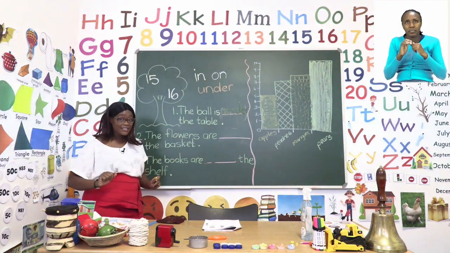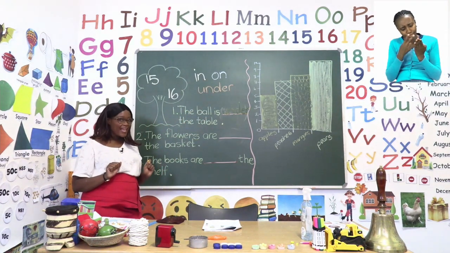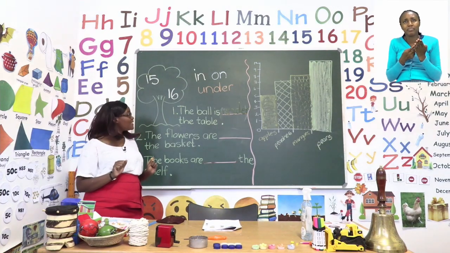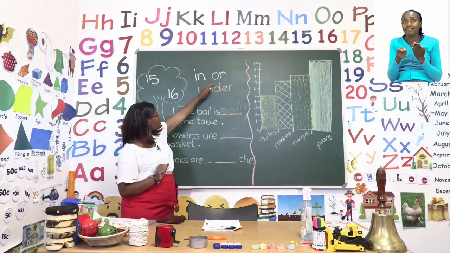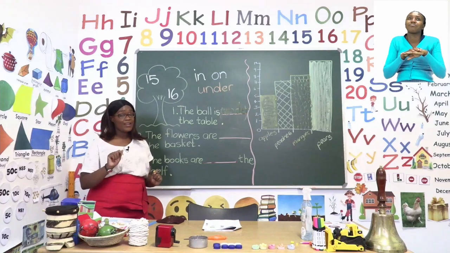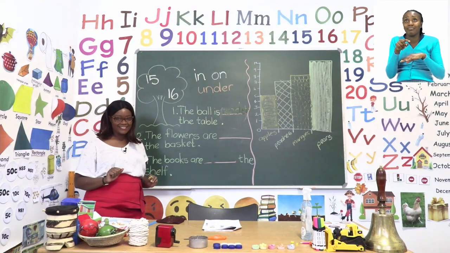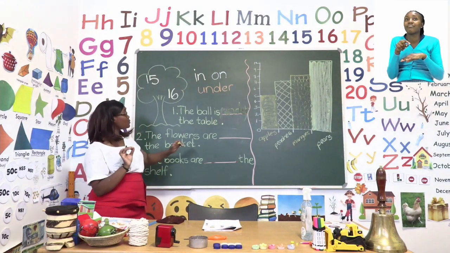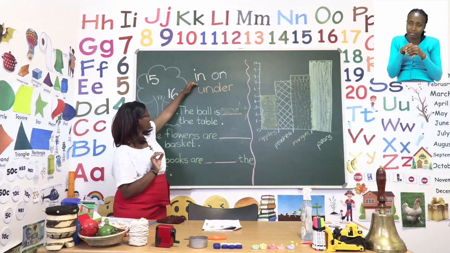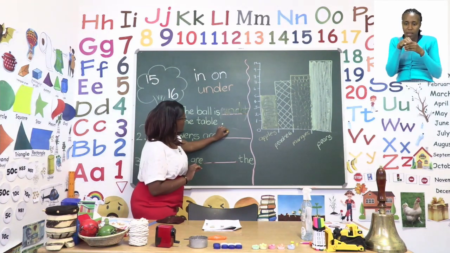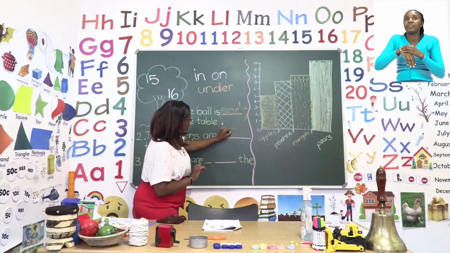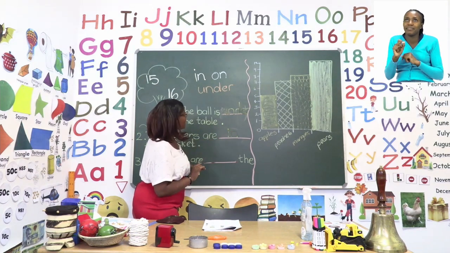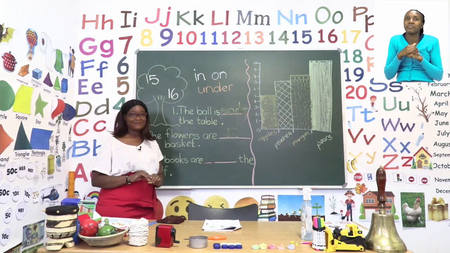Take a good look at your picture. If you said that it is on the basket, that is incorrect. Instead, we should write in the basket. So go ahead and write your answer. Well done if you knew the answer before I said it.